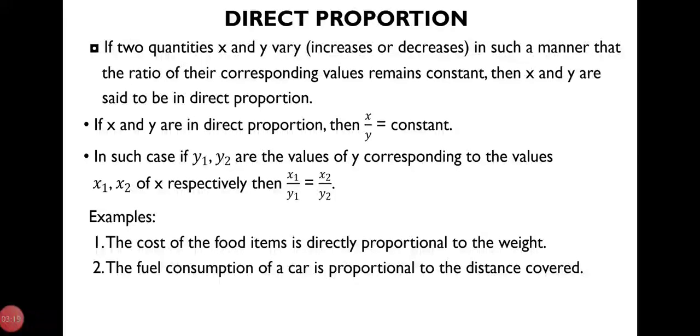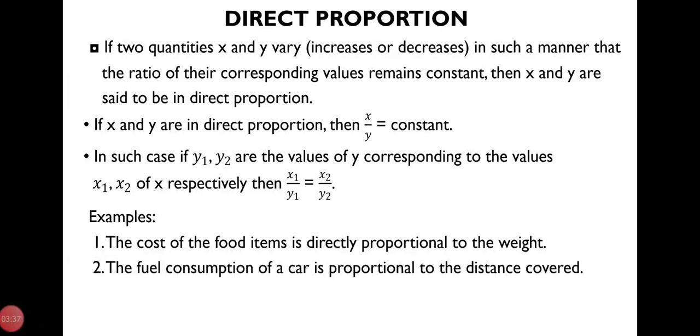Second example, the fuel consumption of a car is proportional to the distance covered. Suppose we are traveling by car from here to Mumbai, naturally for a long distance it will take more petrol. If it is a diesel car, diesel will be used.